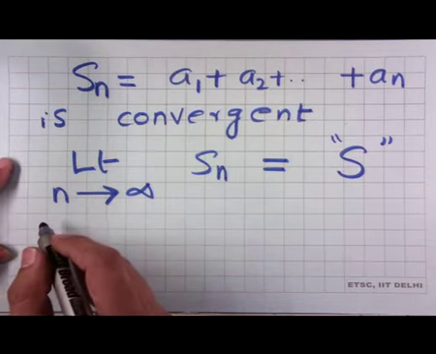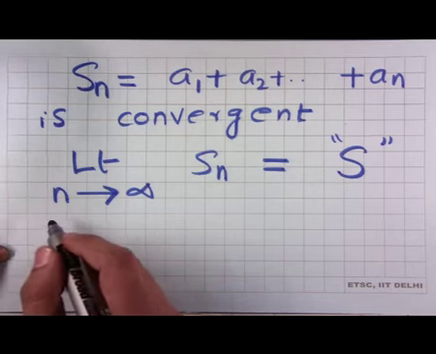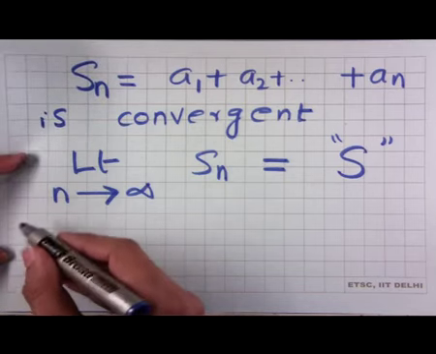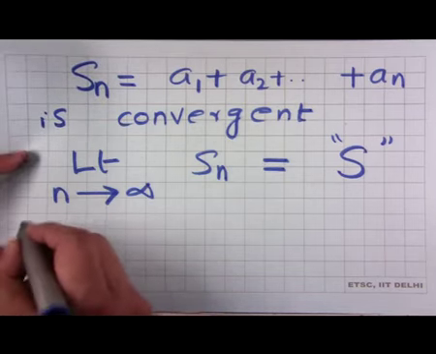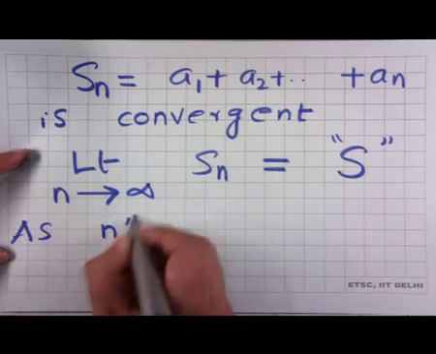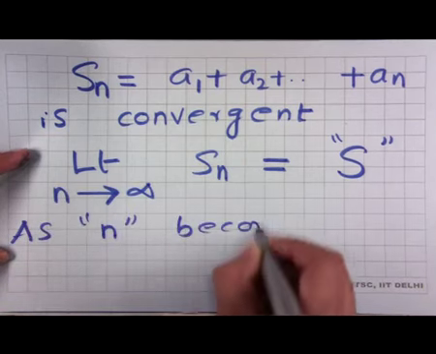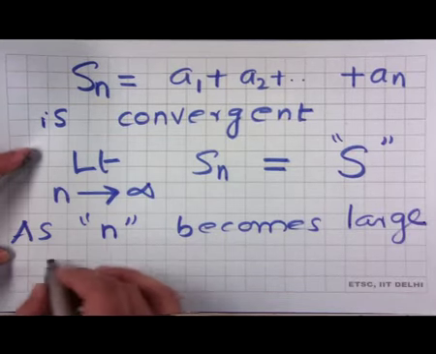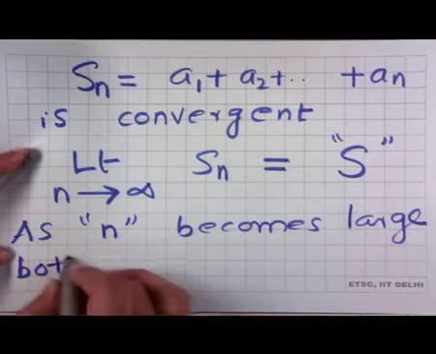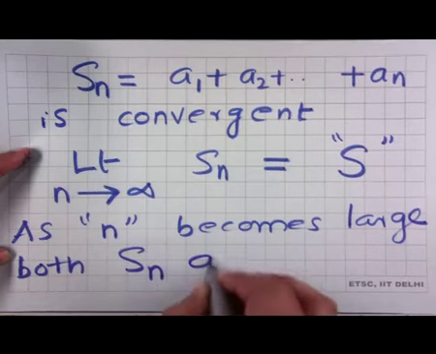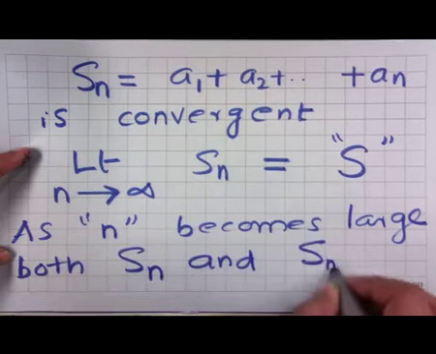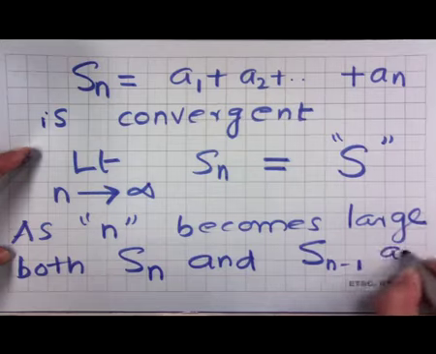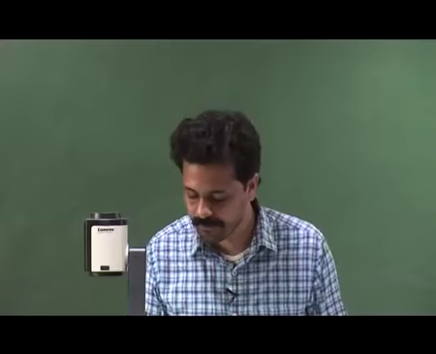This should give you that as n becomes larger and larger, both Sn and Sn-1 are close to S.